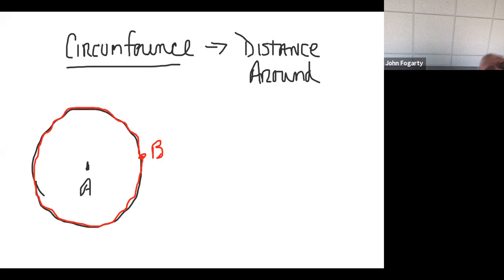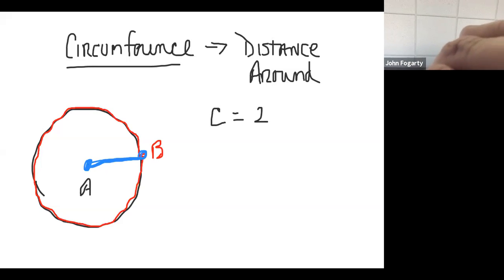Well, that's kind of hard to measure using the curve, but it ain't so hard to measure if I use this segment. What do you call this segment? It's the radius, right? And we learned that if you want to find the circumference of a circle, all you got to do is go 2 pi r. So as long as you know the radius, you can find the circumference.